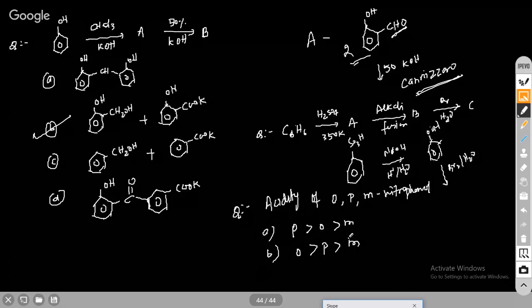Okay. You see, nitrophenol is this. And we know the NO2 group is the electron withdrawing group. An electron withdrawing group increases the acidity of phenol.